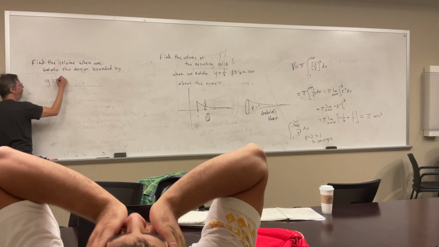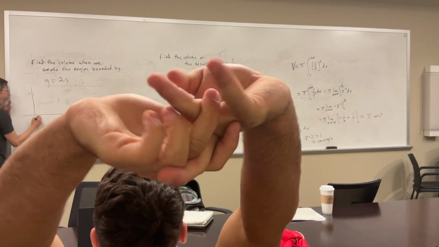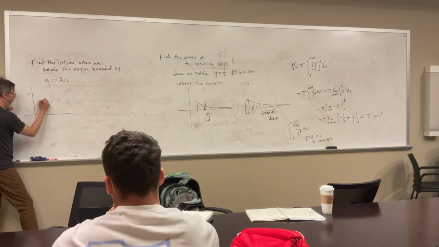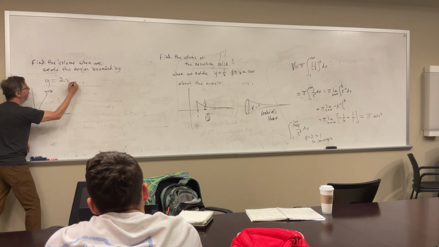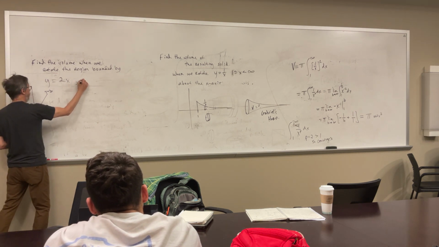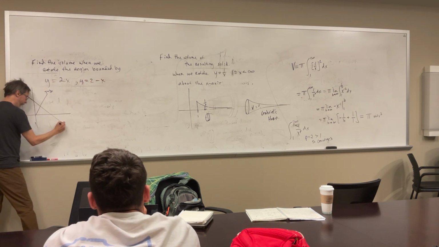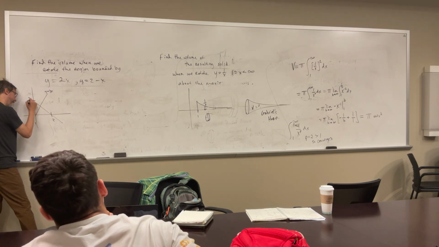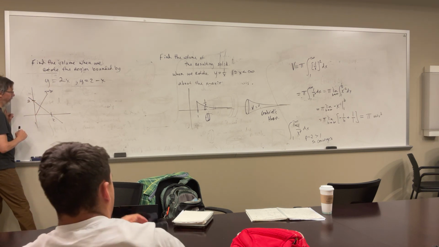y equals 2x. Let's just go back to that one. So I'm going to start drawing this out. y equals 2x is this line. y equals 2 minus x, which is this line. I'm not quite sure where those intersect.